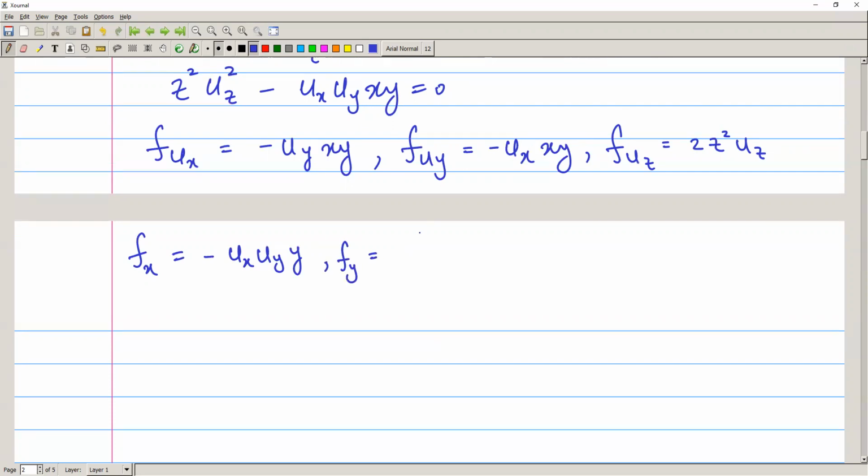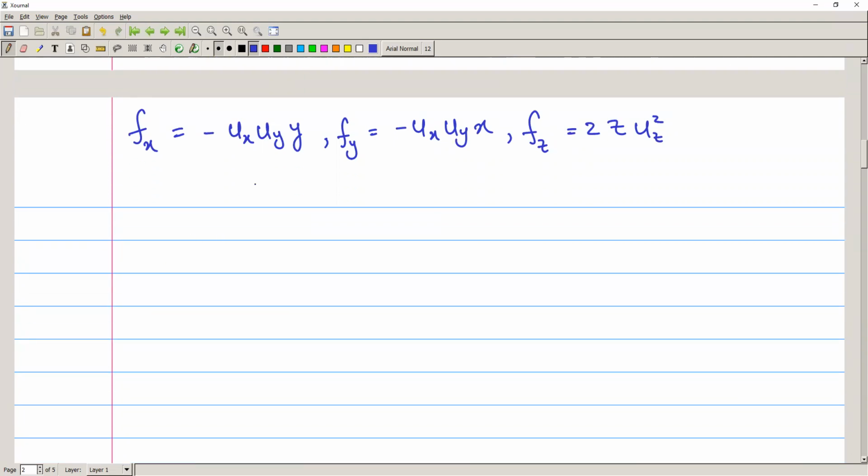Then fy, we get negative ux uy times x. And finally fz equals 2z times uz squared.